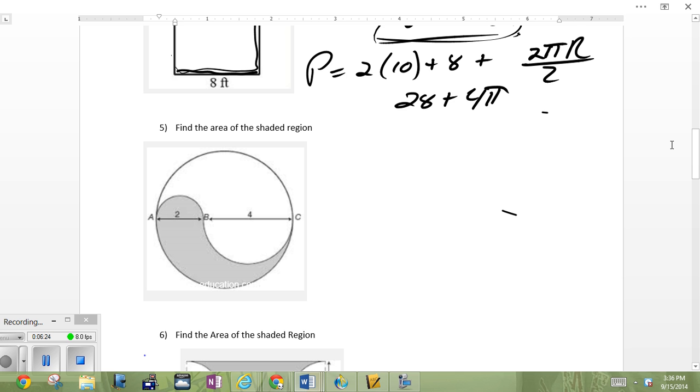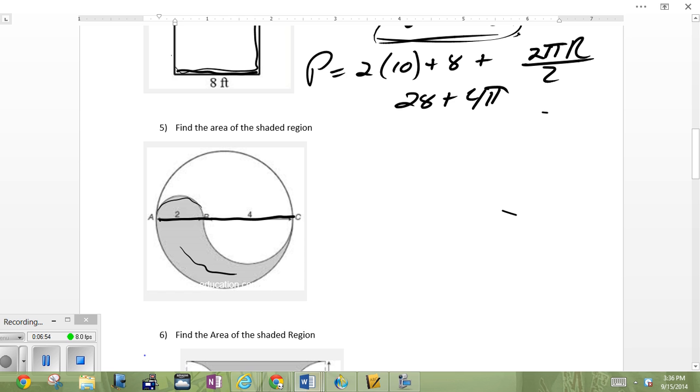This is a rather interesting figure. This is what they call the yin-yang figure. This is the yin-yang, okay? Now, what do they want? They want the shaded area, okay? So really what you should be seeing in here is a series of half circles, okay? If I look at the lower half of this, then I can see the large circle, I can see a small semicircle, and I can see a medium-sized semicircle.